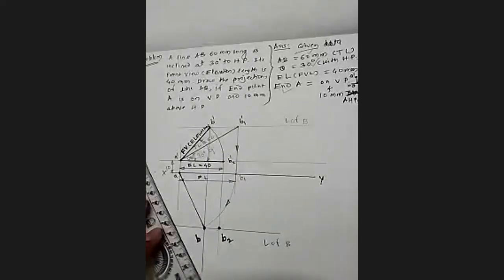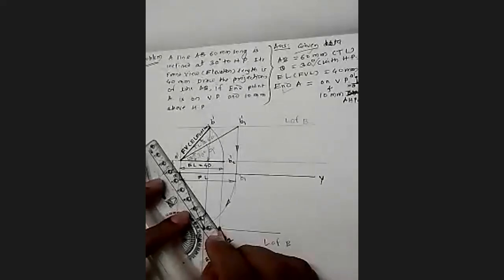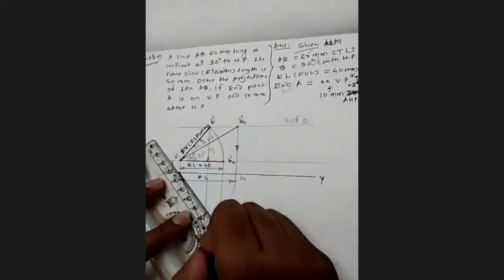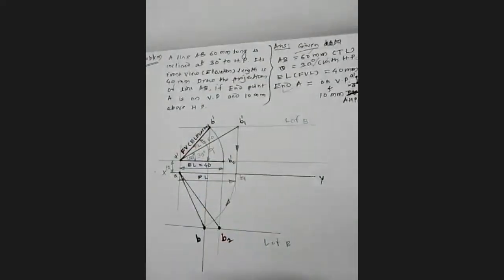You need not even extend this one. But you can cross check your answer by following the multiple options. So I will draw this line. Now, this is TL 60.